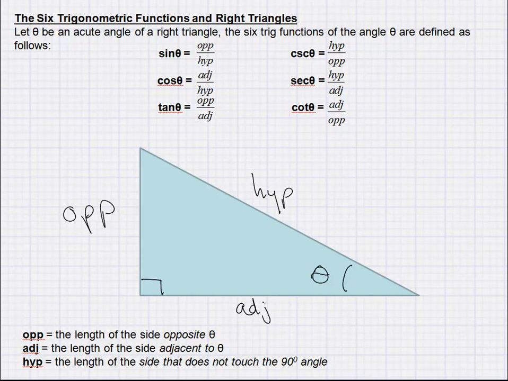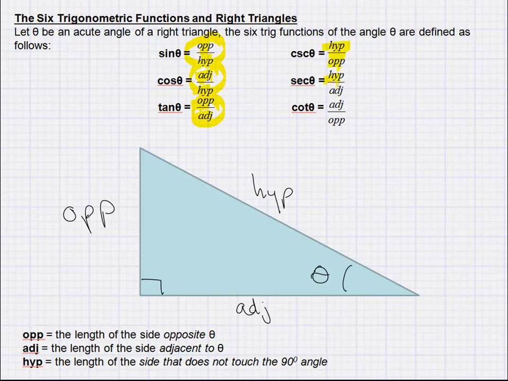I'm going to define the sine of theta to be the opposite side divided by the hypotenuse. The cosine of theta will be the adjacent side divided by the hypotenuse. The tangent of theta will be the opposite over the adjacent, which I could calculate by doing this one divided by this one, because the hypotenuse would cancel and I have opposite divided by adjacent.